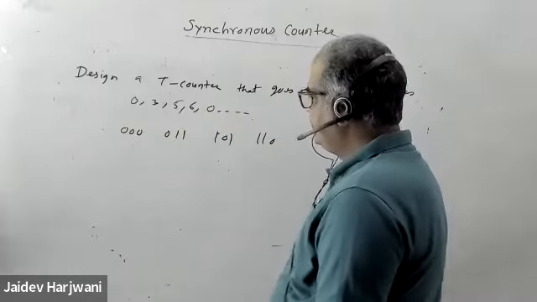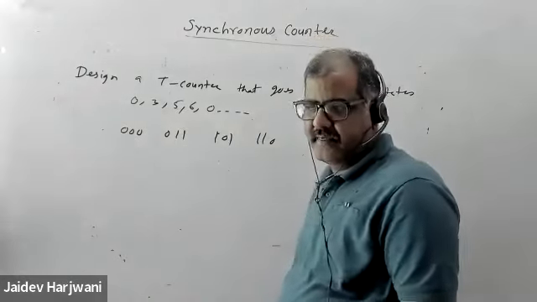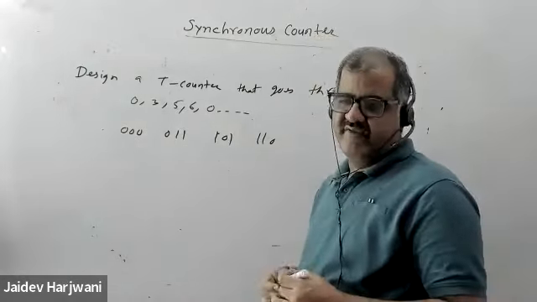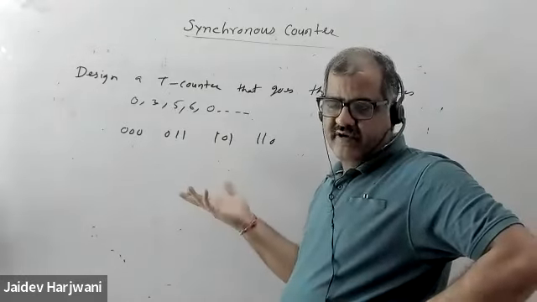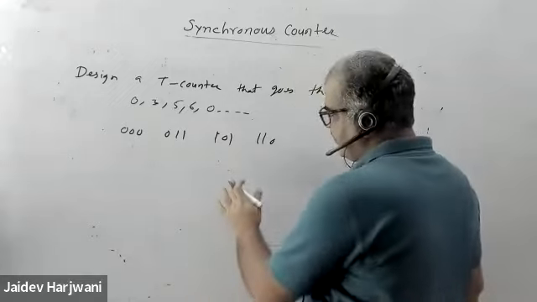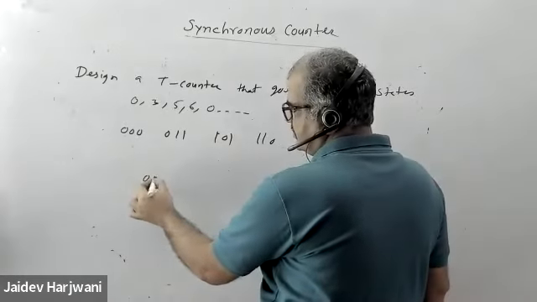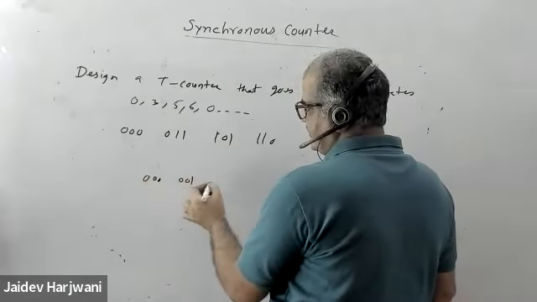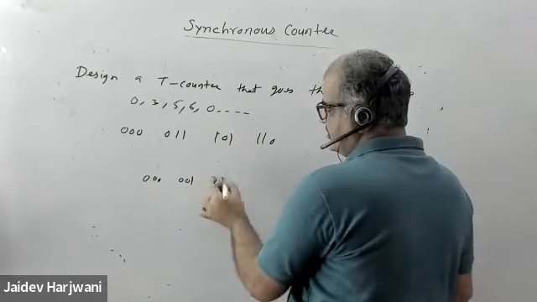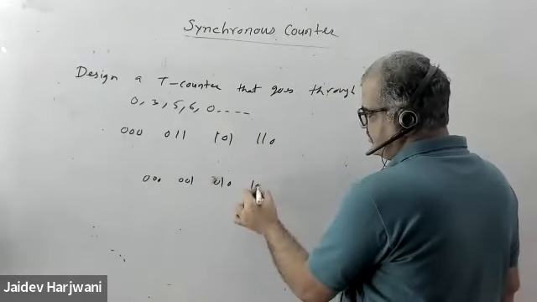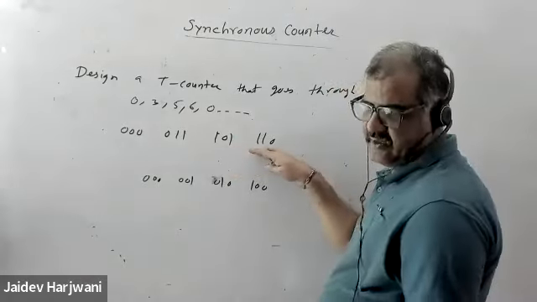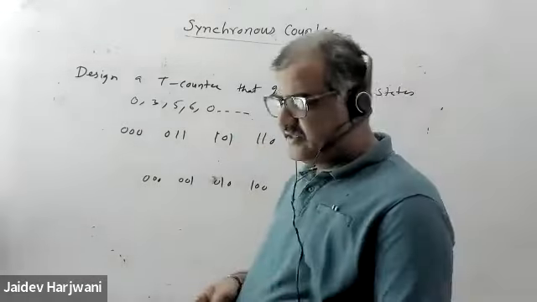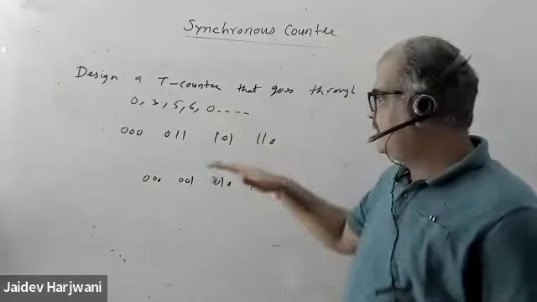Now even though you have 4 states, 2 flip-flops will not be sufficient. Because 2 flip-flops can count up to how much? 2 flip-flops can count up to 4 only: 0 0, 0 1, 1 0 and 1 1. They can count up to 4 only, but we have 5 and 6 also. So obviously now we need a 3-bit counter. Are you getting?